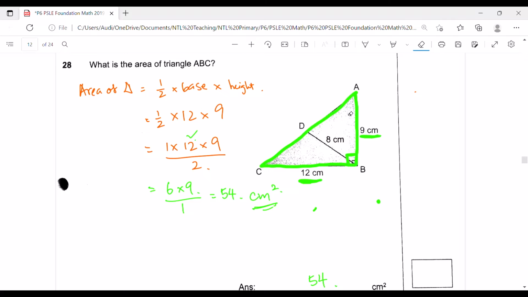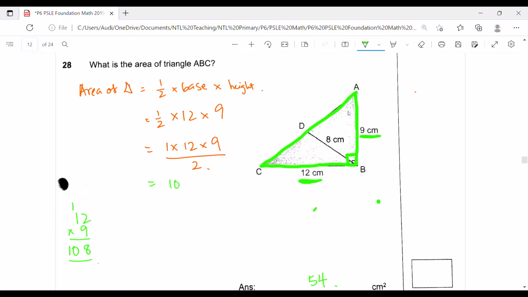Now there's another method I'm going to show you. Let me erase first. So what you can do is, you just do 12 times 9. So let's do 12 times 9. 2 times 9 is 18. 9 times 1 is 9, plus 1 is 10. So 108.